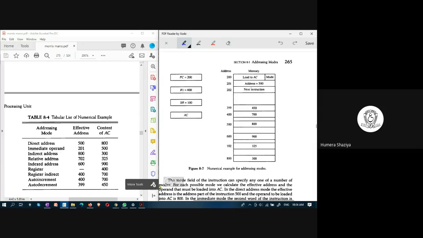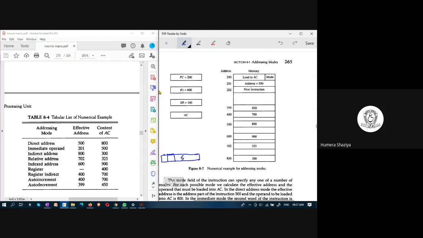You know about this. This instruction register has opcode, mode bit, and address.